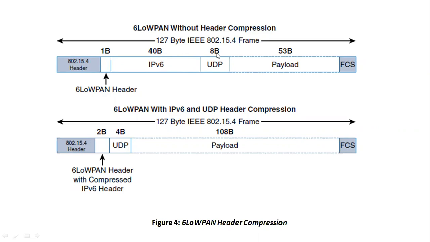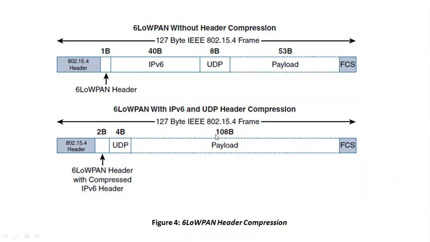Right? Once you come to the UDP header, here also it was originally 8 bytes, but here we are reducing it to 4 bytes. Almost half the storage we reduced, right? So here 39 bytes we saved, and here we are saving 4 bytes, almost 44 bytes we saved. Then if you observe, you are getting more than double of this 53 bytes of payload in our compressed data frame.